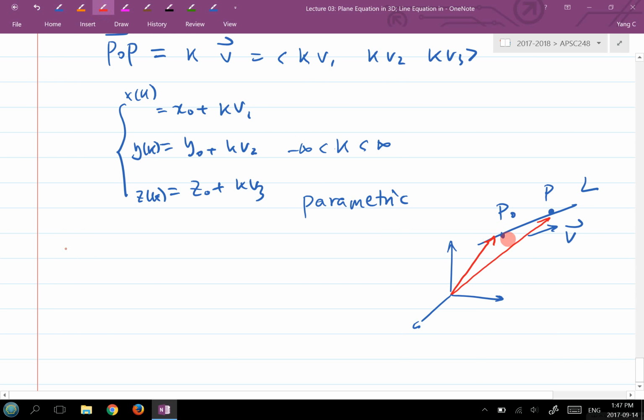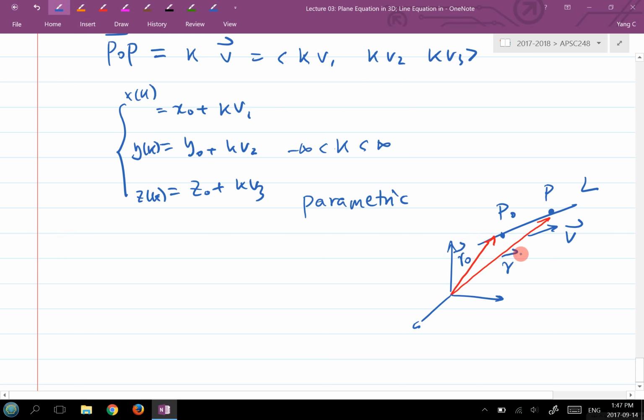This red one I'll call R naught, the so-called position vector for the point P naught. And from the origin to the point P, let's call this R.